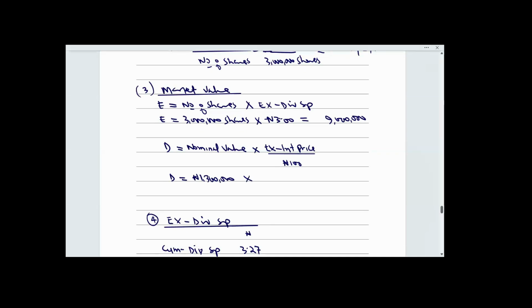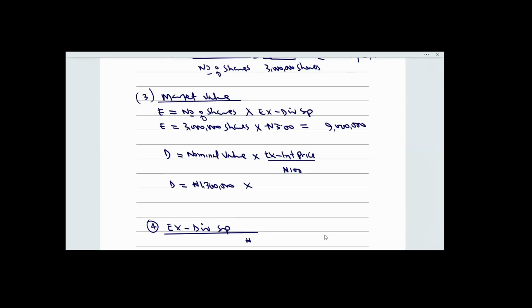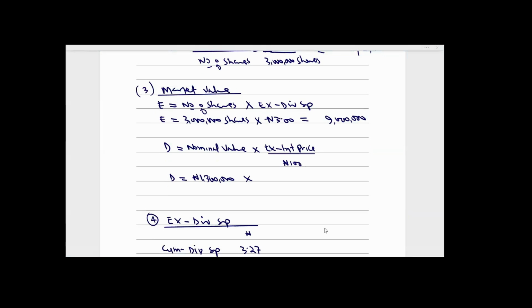Let's go to the question. What's the X int price? According to the question, we are told that the debentures are redeemable at par in 10 years' time. Their current market value is 77.10%. Forget about the percentage. So the current market value of the debenture is 77 naira 10 kobo.